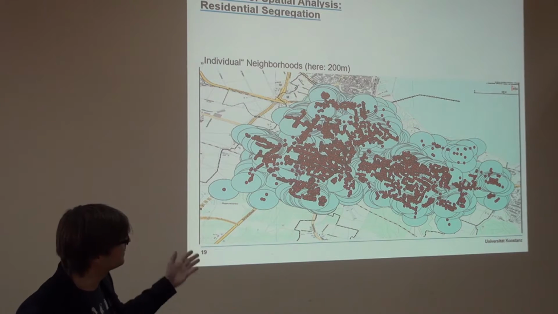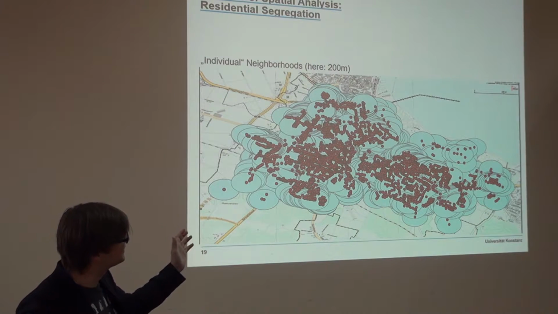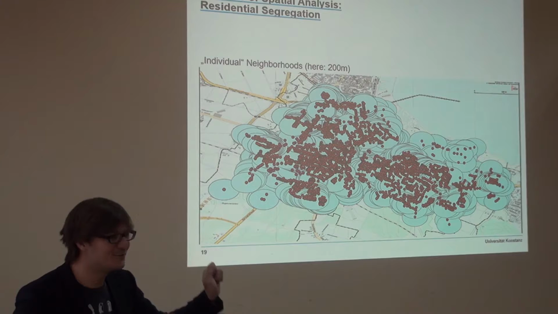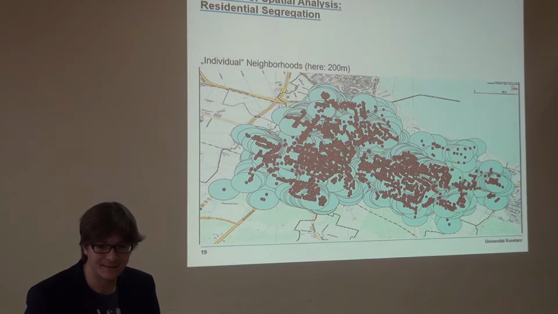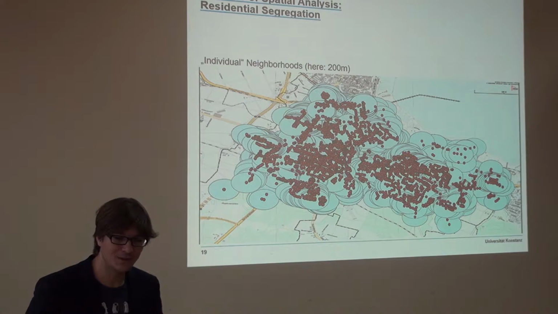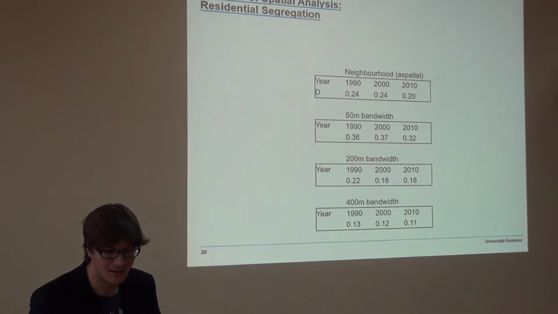I try to illustrate this with this picture. You see all the circles are individual neighborhoods of people living in this city. And you can also vary the size of this neighborhood, of course, as we had with the interpolation, and maybe you can even ask substantial questions. And you get different results.